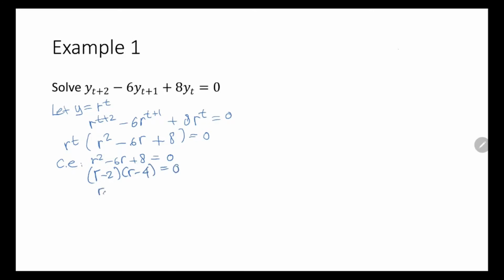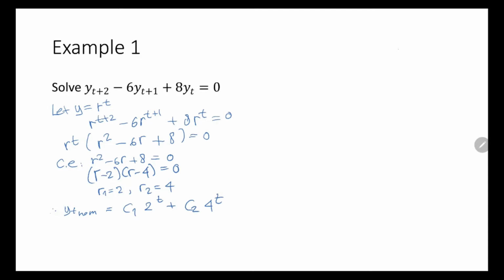And we have r1 equal to 2, and r2 equal to 4. Then, remember what we have before, the homogeneous solution will be equal to C1 2 to the power of t plus C2 4 to the power of t.